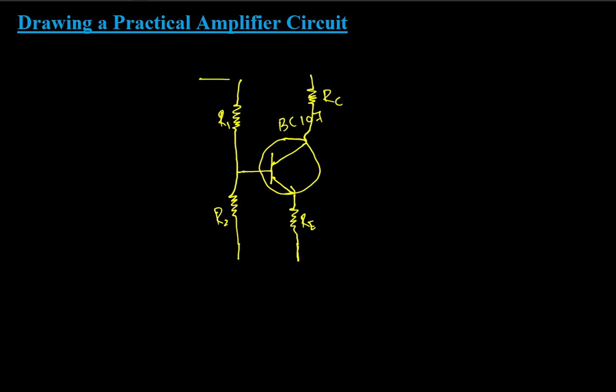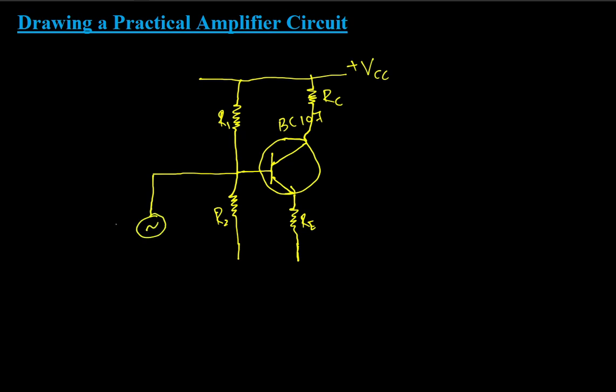Now we have to connect it to a DC source here. So here we will connect the plus VCC, and we have to apply the signal which is to be amplified in the base of the circuit. So here we will connect the signal source.